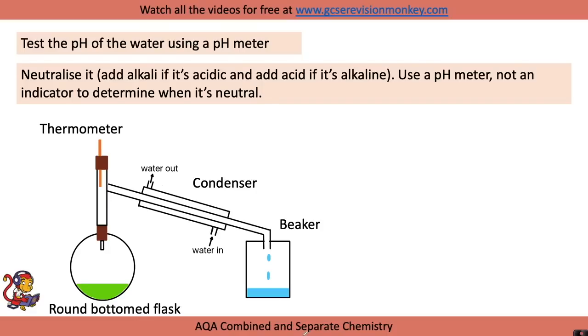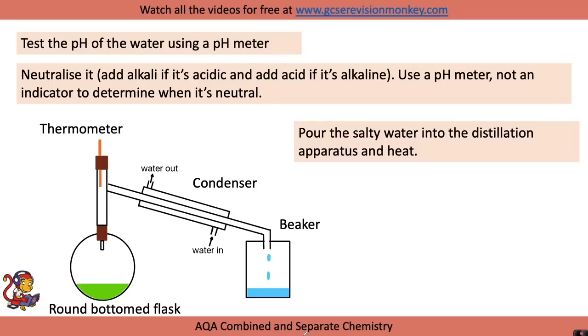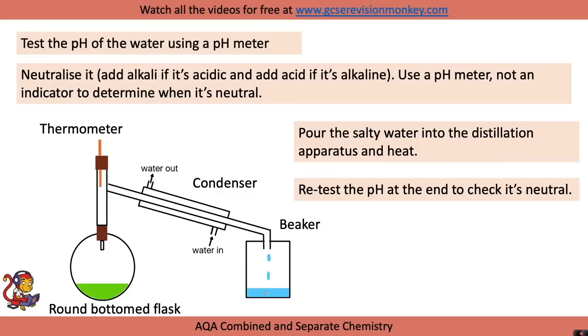And a pH meter is going to give you a much more accurate result. So then we pour the salty water into the distillation apparatus, and we said specifically it's the round bottom flask it goes in, and we heat it. And the distillation process, as discussed, will leave us with pure water in our beaker, and we would then just retest the pH at the end to check that it is neutral.